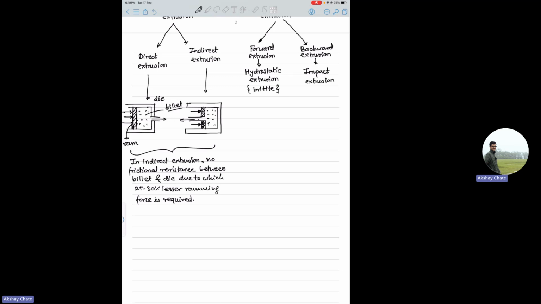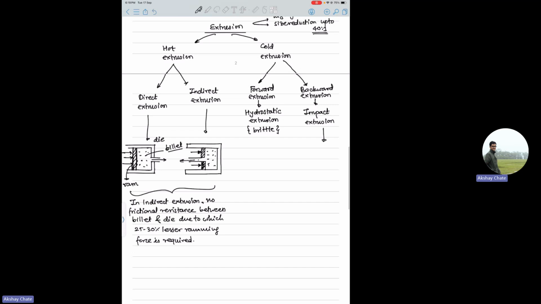Okay. And now let's come to cold extrusion. So this backward extrusion or impact extrusion is used for very soft materials. Soft materials include polymers, cosmetics, all those things. Even lead or zinc or tin, those kind of lower melting metals also can be impact extruded.